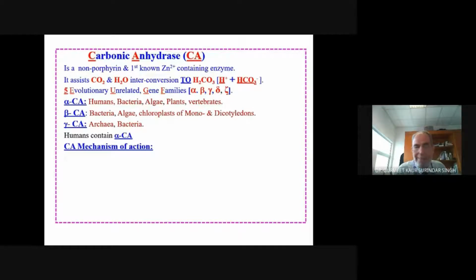Actually, the zinc metal in the carbonic anhydrase enzyme plays a very important role, because it is linked to 3 histidine residues, and the fourth orbital is occupied by a water molecule. And we know the zinc atom is electron withdrawing.